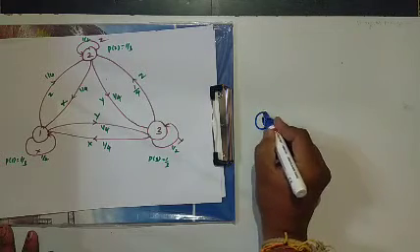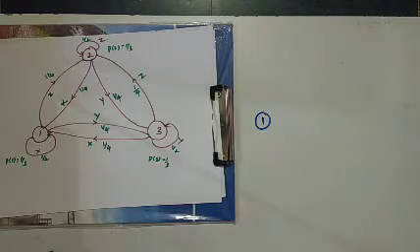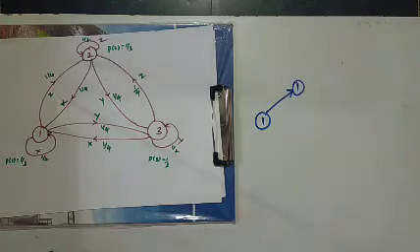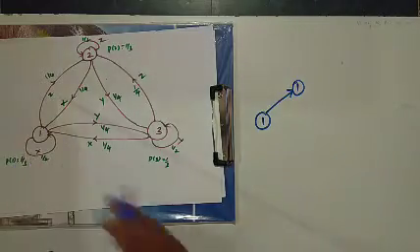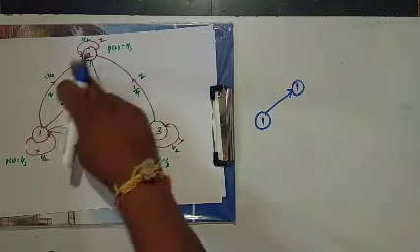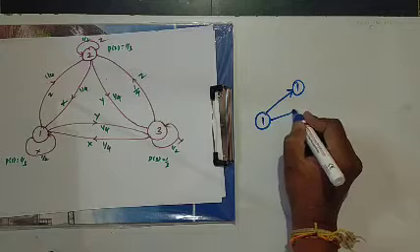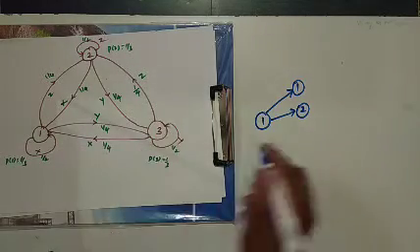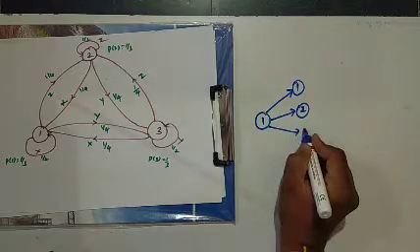See where all it is connected. 1 is connected to 1 itself. Again 1 is connected to 2, and 1 is connected to 3.